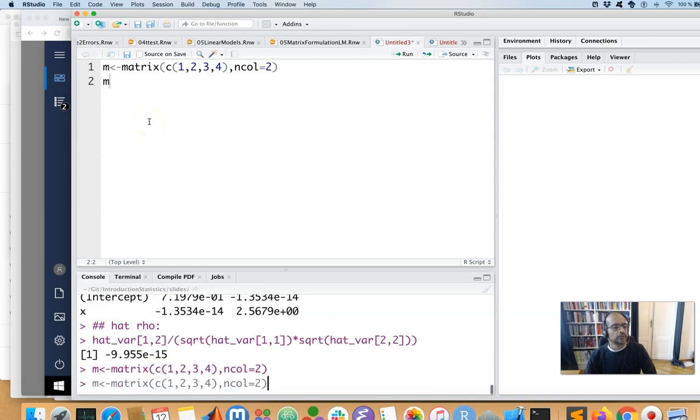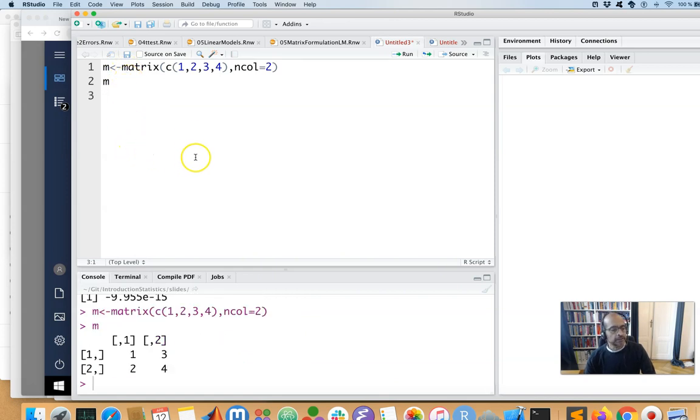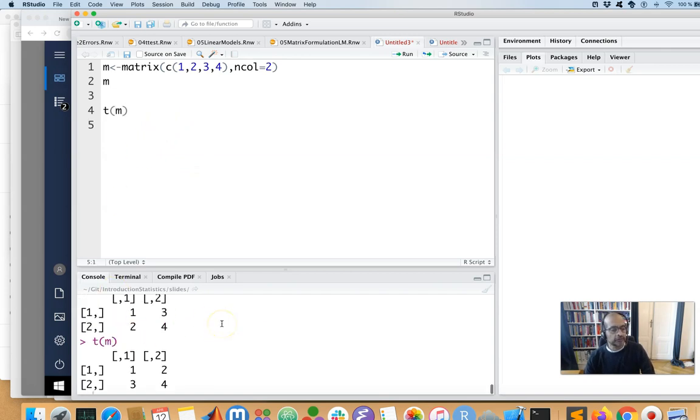Here's my matrix, 1, 2, 3, 4. If I take the transpose of this matrix, the first column becomes the first row and the second column becomes the second row. That's what a transpose of a matrix is.